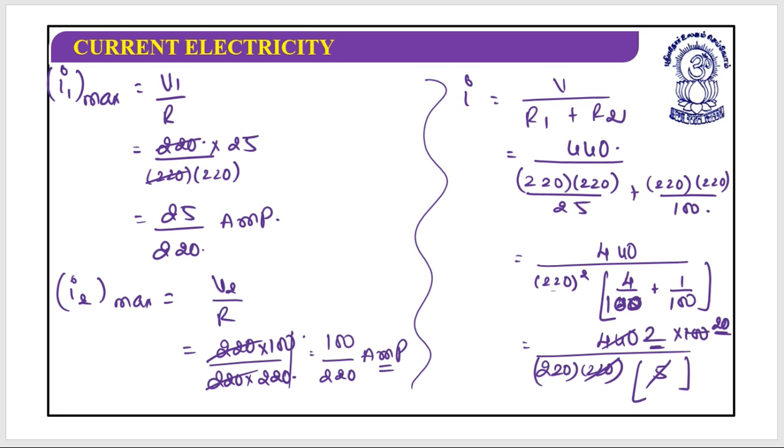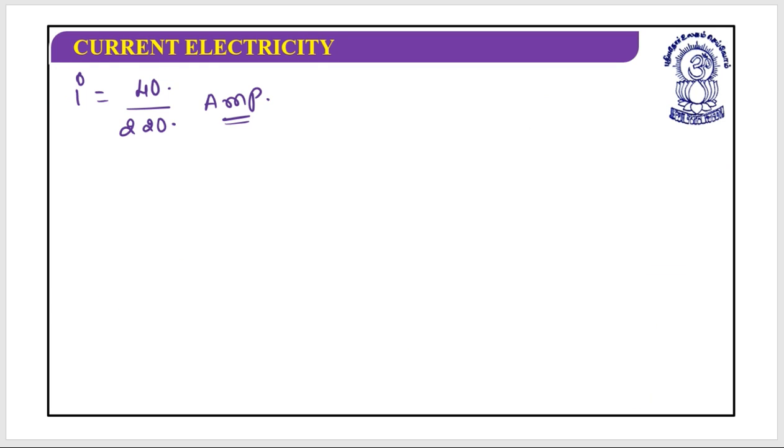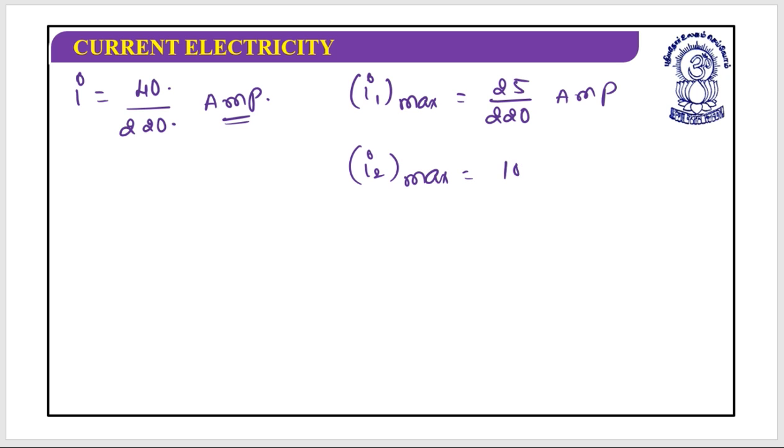So let's check it out. What was my I1 max and what was I2 max? My I1 max was 25 by 220 ampere. I2 max was 100 by 220 ampere. Let's have a look. This is the current that has been passing through the circuit. This is the maximum current that can be passed through bulb 1.